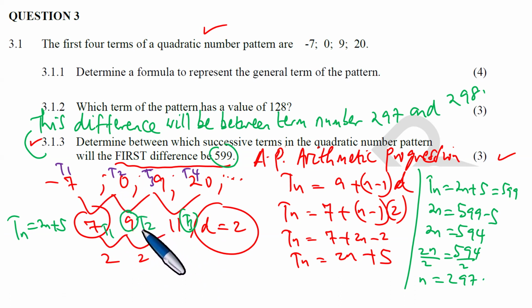Term 2 is between term 2 and term 3. Term 3 is between term 3 and term 4. So term 1 is between term 1 and term 1 plus 1, term 2 is between term 2 and term 2 plus 1, which is term 3, and term 3 is between term 3 and term 3 plus 1.